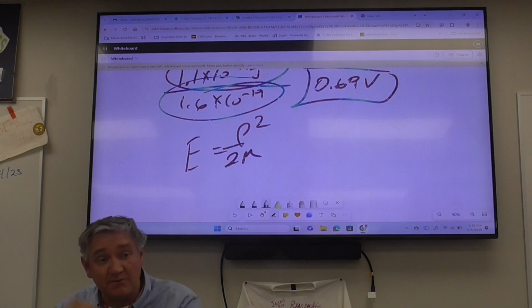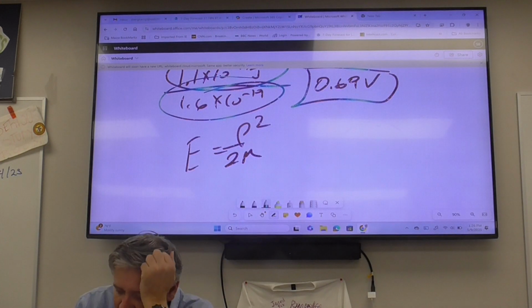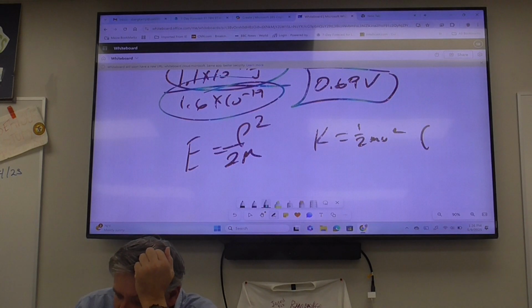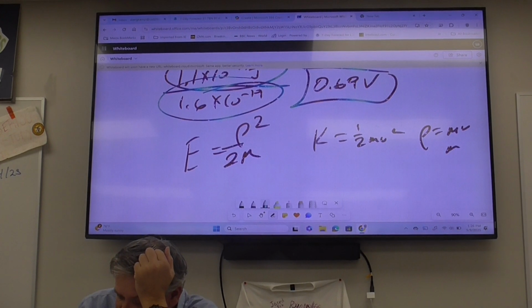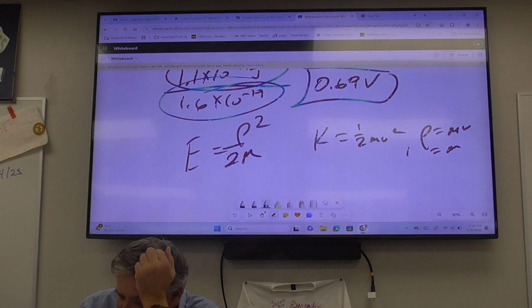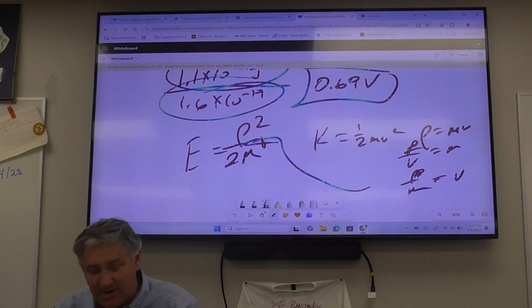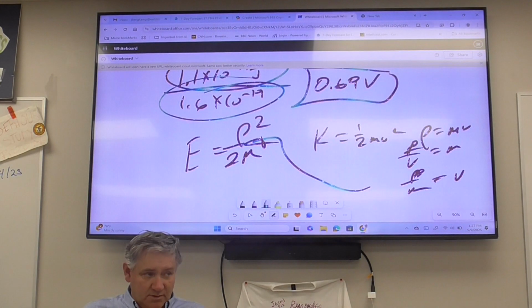If you do that substitution, because kinetic energy equals 1/2 mv squared, and momentum equals mass times velocity, so velocity is momentum divided by m, and you substitute that back in. That's one way you can do it.